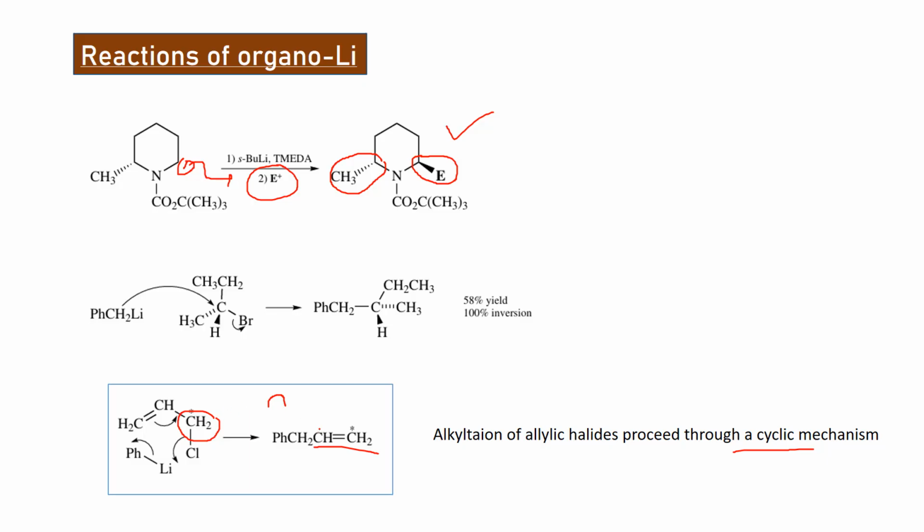this reaction is going through a cyclic mechanism, because if it were going through a simple mechanism like that in an SN2 type of reaction, there would be two types of probability. If you mark this proton, one possibility is this one, another is this.